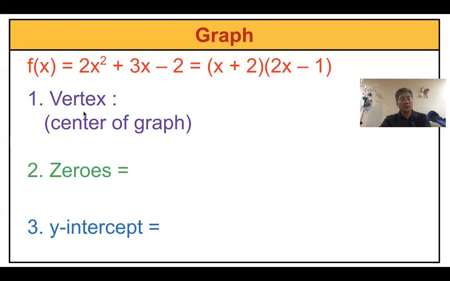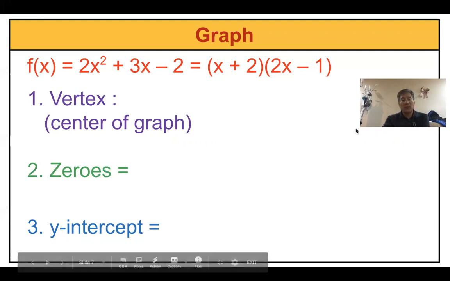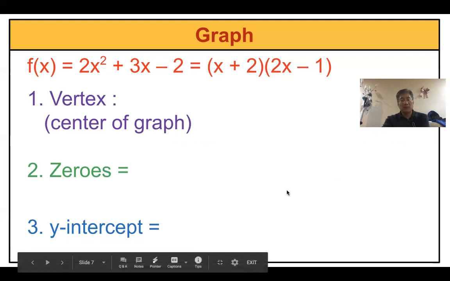Yes, it's the vertex, which is the center of the graph, right? And the zeros, which are on the x-axis, where y equals 0, and the y-intercept. If you find these three most important elements, then even though you don't find all the other points, you can draw the graph briefly, okay?